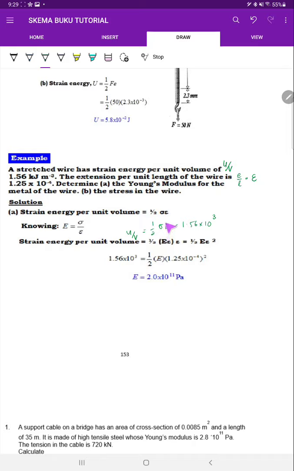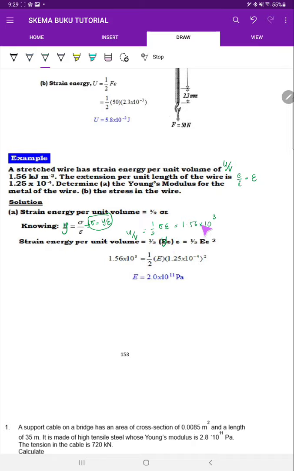Daripada sini, kita tahu yang modulus sama dengan stress darab per dengan strain. Okay, so kat sini stress sama dengan yang modulus darab dengan strain. Okay, substitute ini ke dalam equation ni.